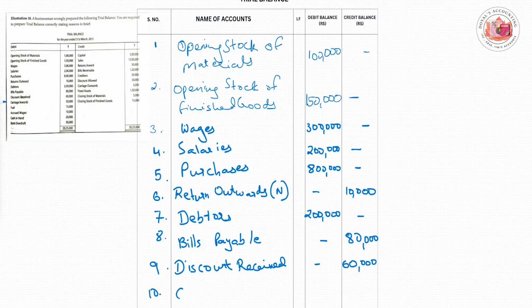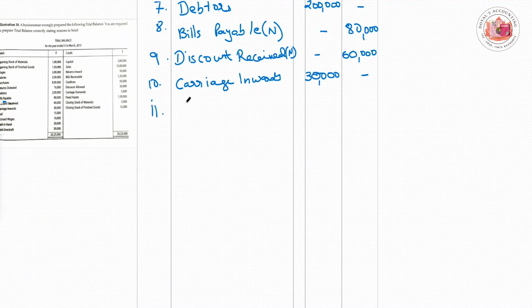Number 10, carriage inwards is an expense, so it will have a debit balance, correctly recorded. Carriage inwards 30,000 debit balance. Our next expense is fuel. Fuel will have a debit balance, 15,000.